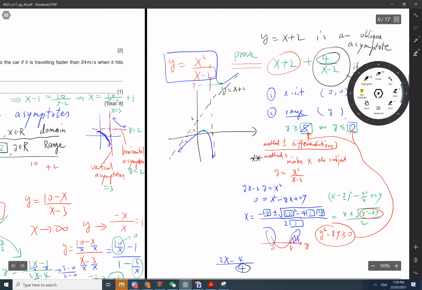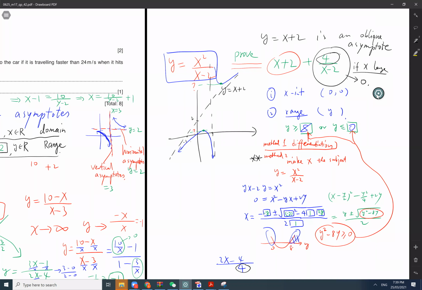This type of question appears in the Oxford and Cambridge University entrance exams. Yeah, oblique asymptote.